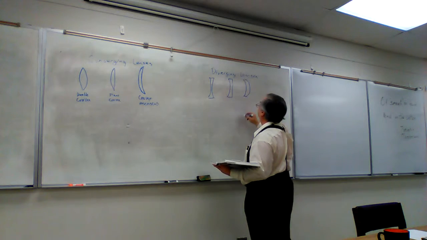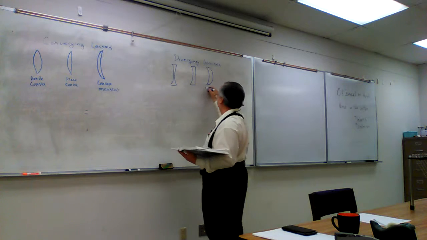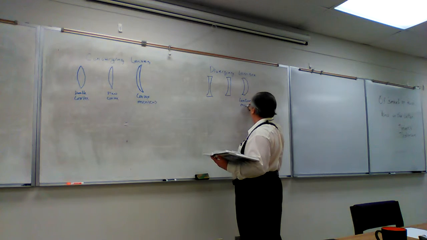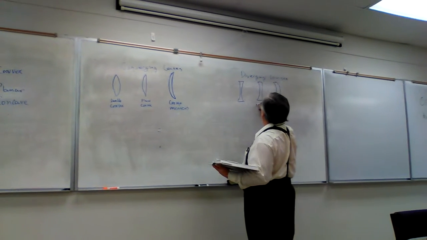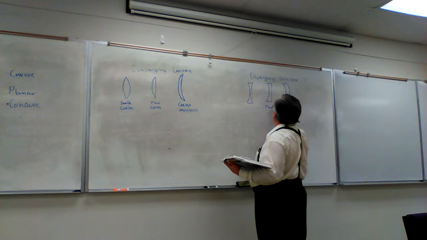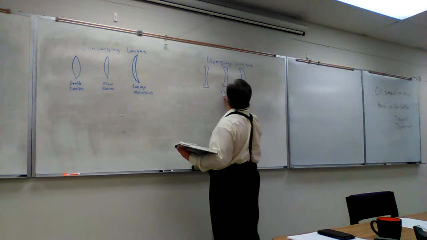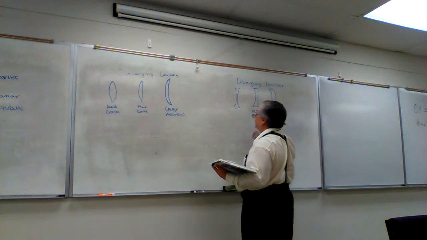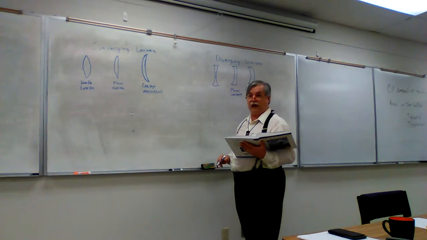And then concave meniscus. Now, I want you to think about this. What is the difference between concave meniscus and convex meniscus? You're right, exactly right. It's which side does the light come in on?